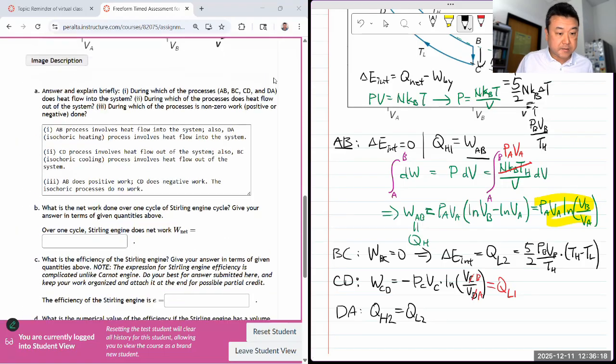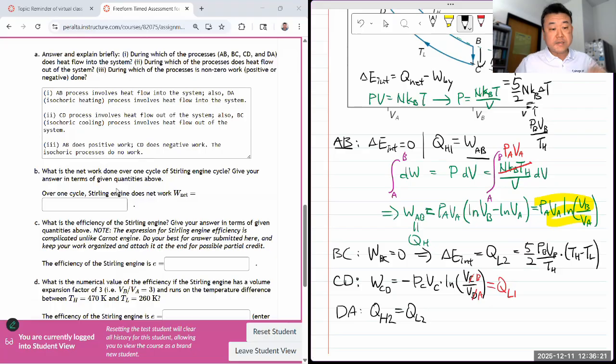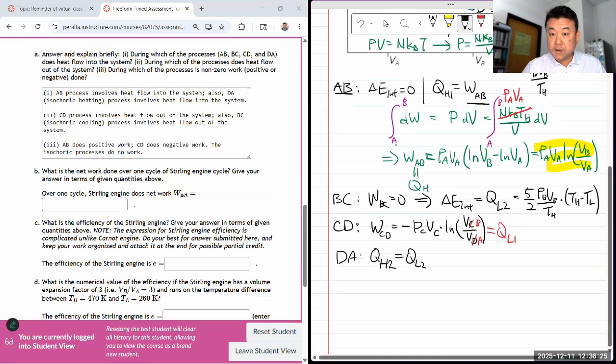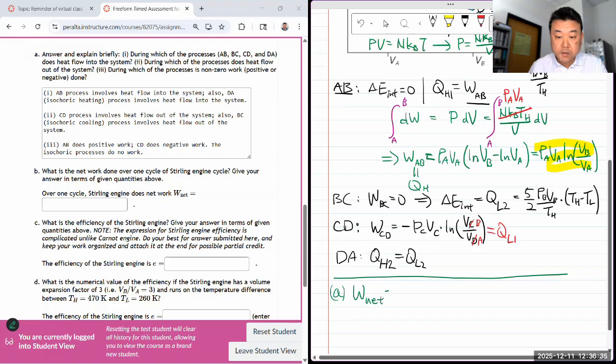So I've got 9 minutes. Over one cycle, the Stirling engine does net work. So let me finally write out part A. With all that work done, net work done is equal to WAB, a positive quantity, plus WCD, which will be a negative quantity.